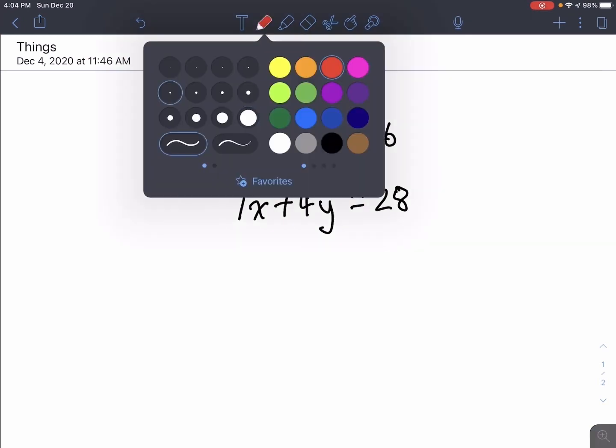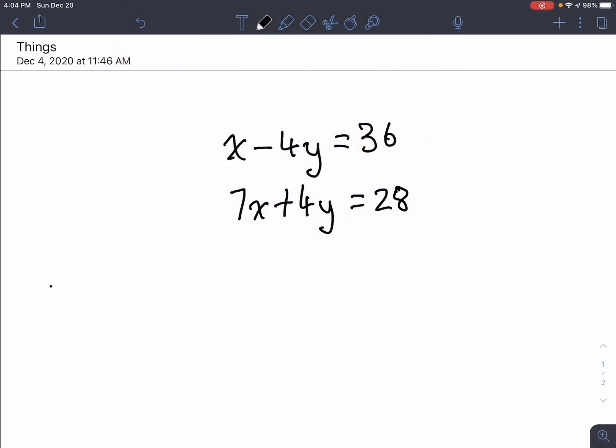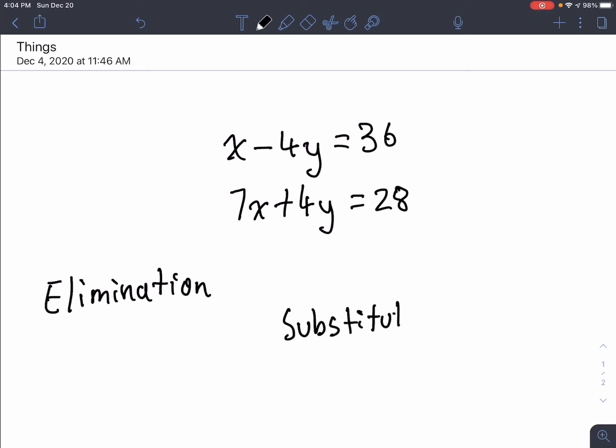Now there are two methods of solving this: the elimination method and the substitution method. I will be going over both of these methods in this video, so this video might be kind of long.